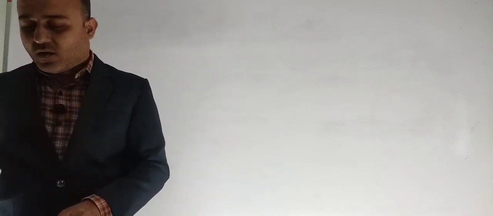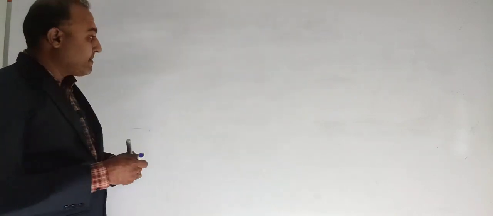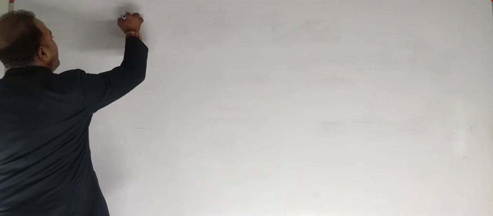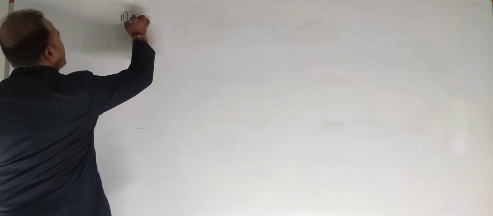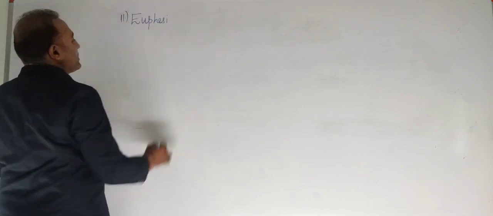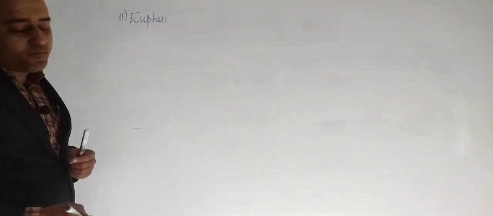The next figure of speech which we will see today is, let us check it out. Okay, so that is euphemism. So 8, 9, 10 we have done. So this is going to be our 11th figure of speech. Euphemism.